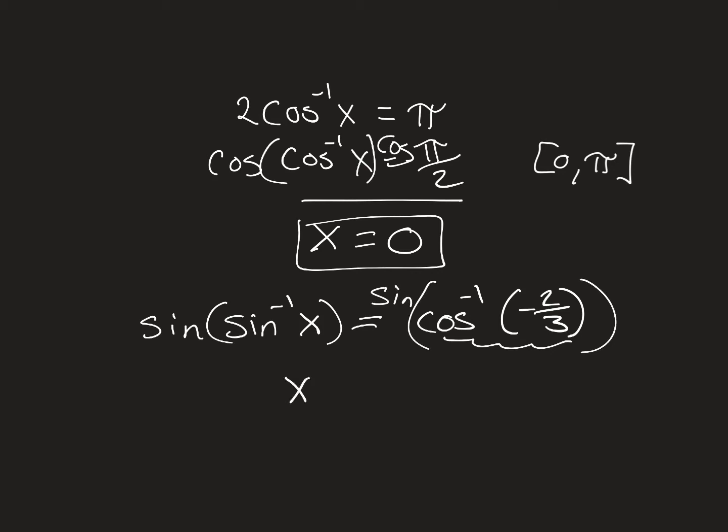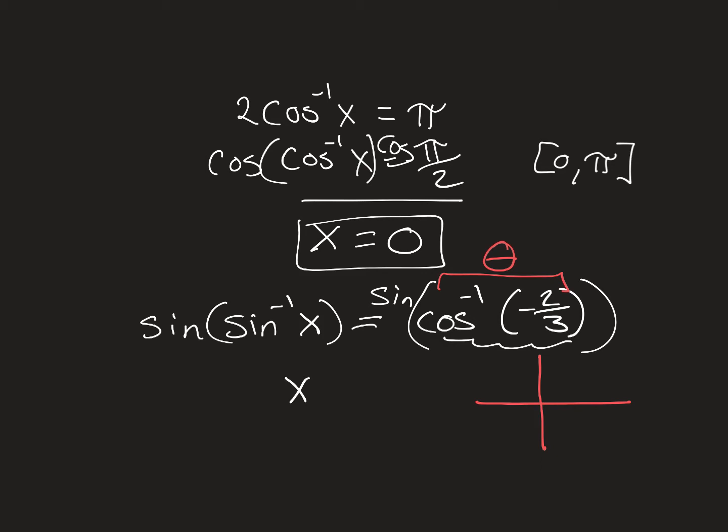So on the left I get x, and on the right again, something that we are familiar with solving from the section that involved inverse trig. What I'm essentially doing is sine of some angle, because remember the output of inverse trig is an angle. So let's draw the triangle associated with this angle here. Again, knowing the ranges of inverse trig comes into play.